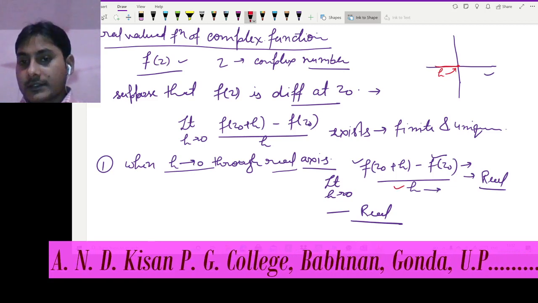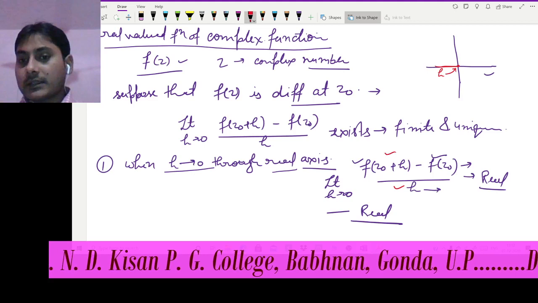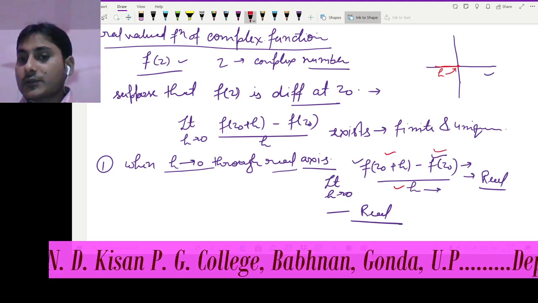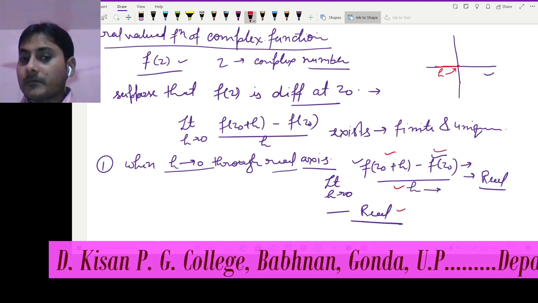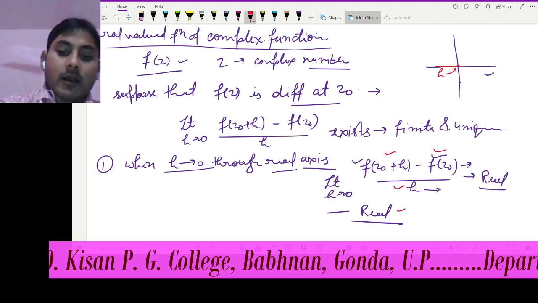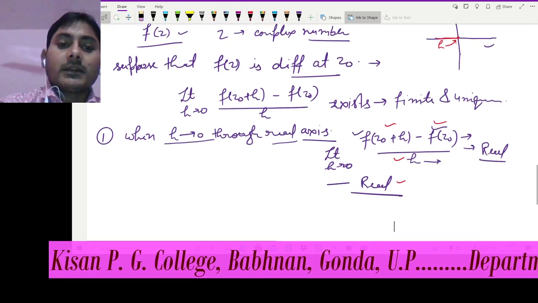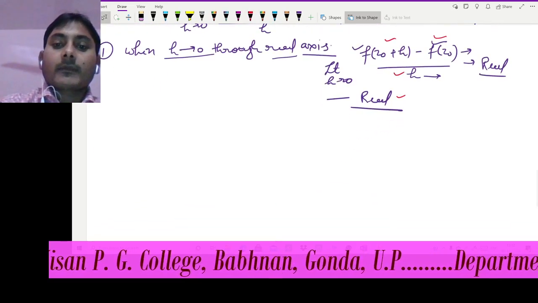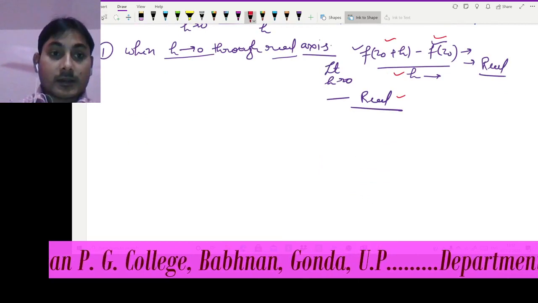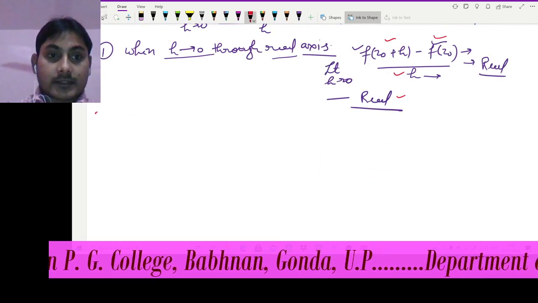So here it is real, and because you are taking the real function, so ultimately you are getting real. Okay, now I'm moving to another case, number second. What is case second?